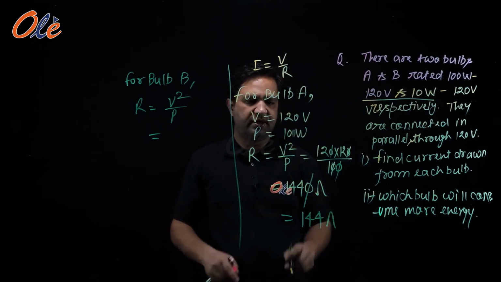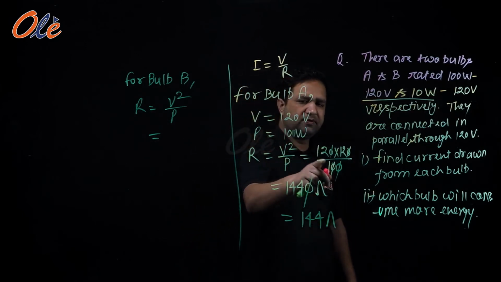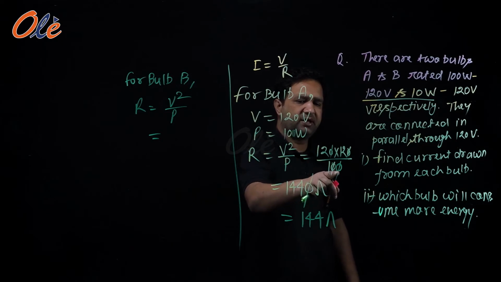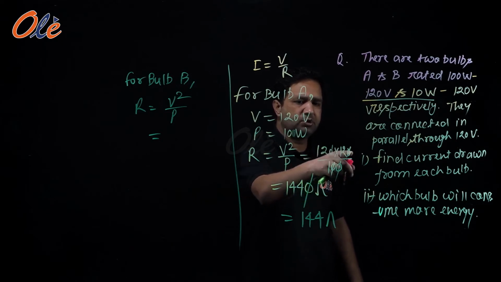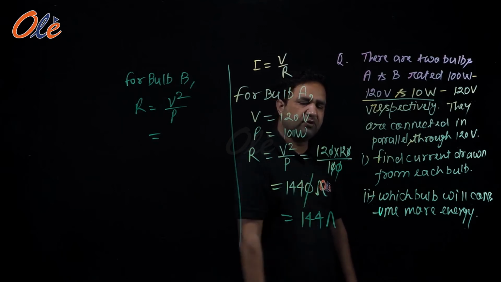When we put 100 in place of 10, the zeros will be cancelled out. 12 into 12, 144 ohm.